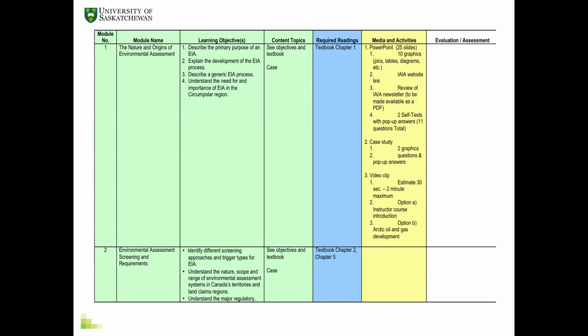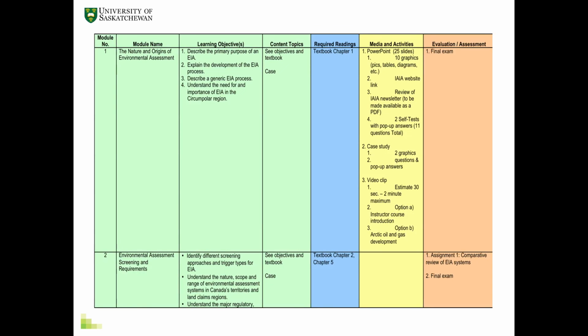Perhaps you have PowerPoint presentations. Perhaps you have some video clips or some online activities that they can do, self-tests, case studies, all these kind of things. Those are the content or the activities that are going to help them to achieve those objectives. And then, of course, we're going to go to the evaluation plan, and we're going to make sure that that evaluation matches up with our learning objectives as we would do.